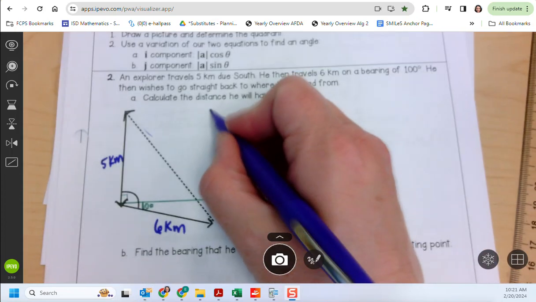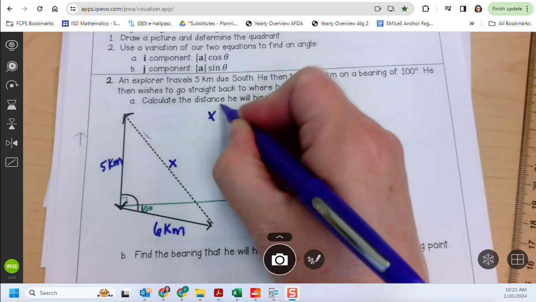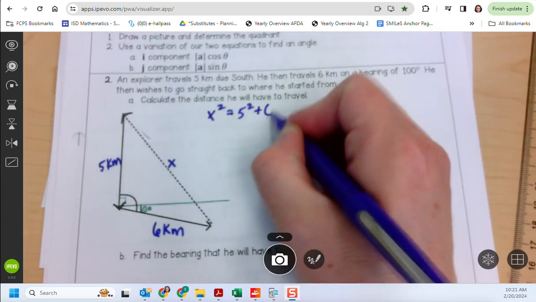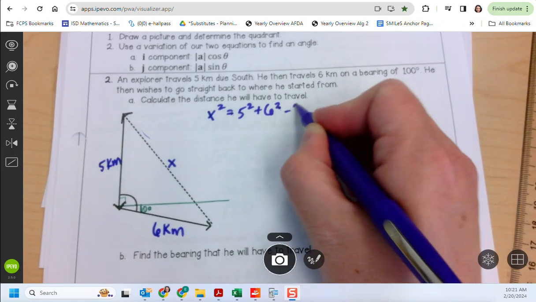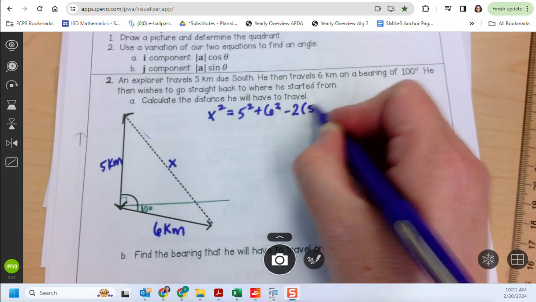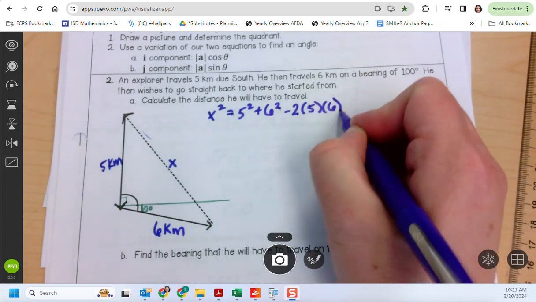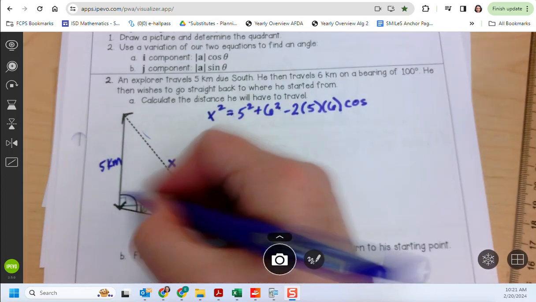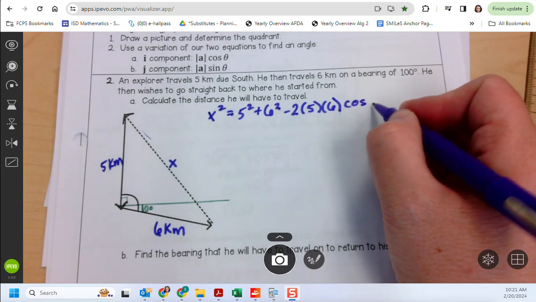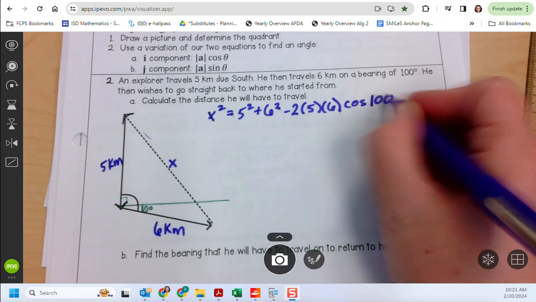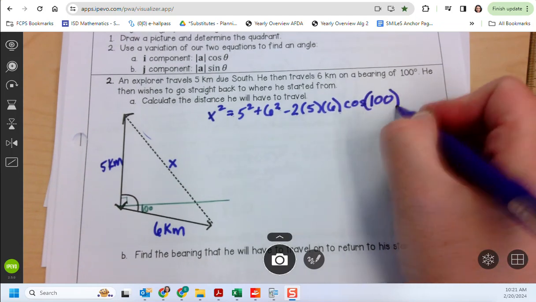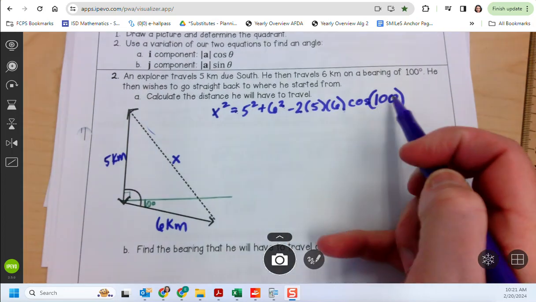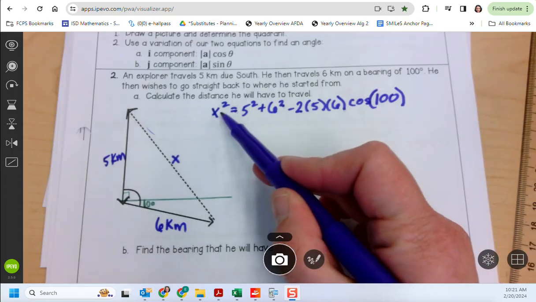X squared is equal to 5 squared plus 6 squared minus 2ab cosine C, which is this whole angle, 100 degrees, sorry, 100 degrees is the angle. Okay, so what we're going to do is put all this into the calculator, and then we'll just square root it to find x.